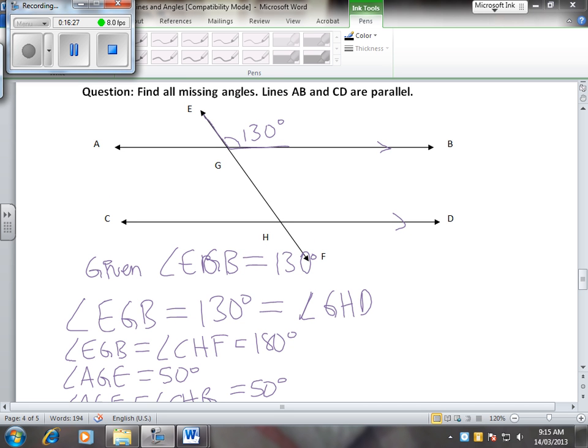So we have angle EGB equals 130 degrees. And this will also equal angle GHD. So if we do down there. Okay, and if you did this in a different order, that's fine. And what are these two angles? These are corresponding angles.